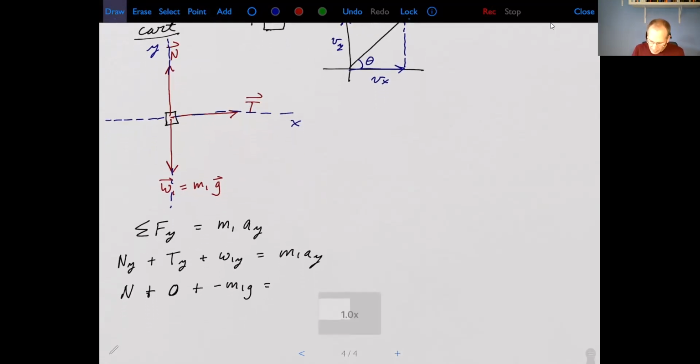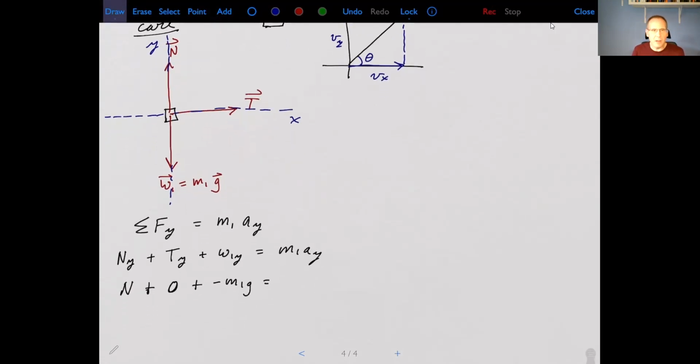And this object, this cart, is not moving in the y direction at all, right? It's not leaving the air track. So the acceleration in the y direction is going to be 0, right? So if this is 0, that means this whole term is 0. Then if we solve for normal force here, we bring the m1g to the other side, and I get positive m1g.